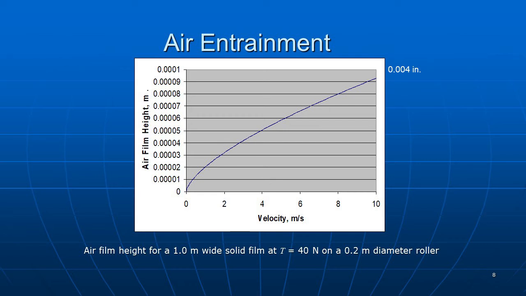And so as we get up to a roller speed of 10 meters per second, we've developed an air film thickness of about a tenth of a millimeter, or about 4/1000ths of an inch. Again, not a huge thickness, but certainly compared to the roughness of some webs and rollers, quite thick.